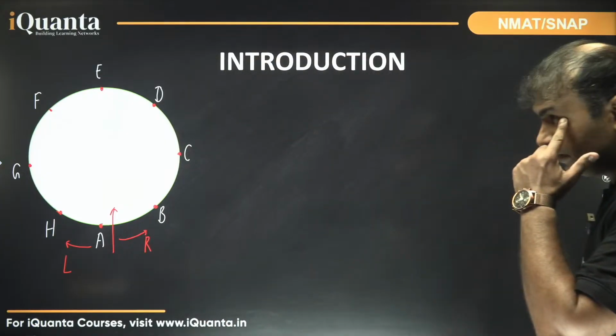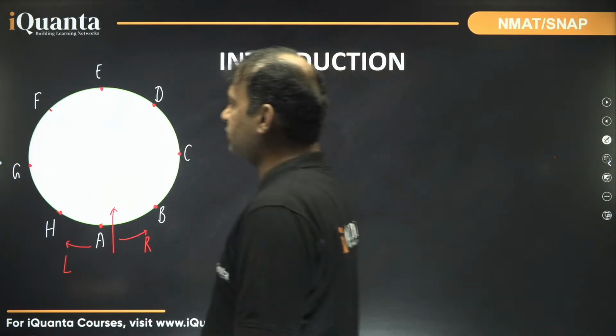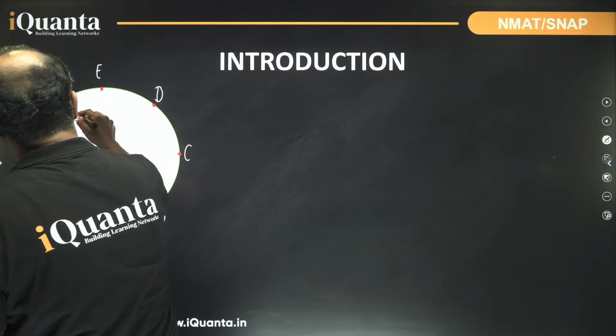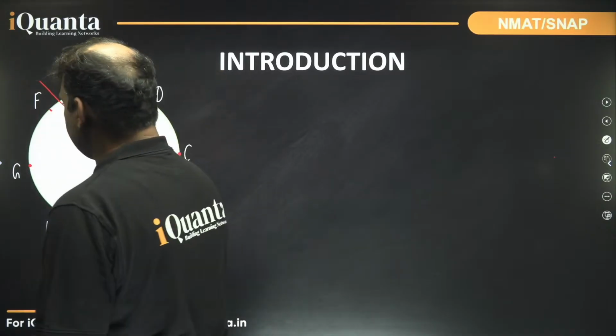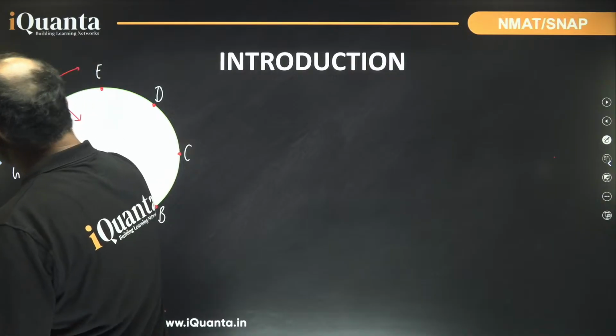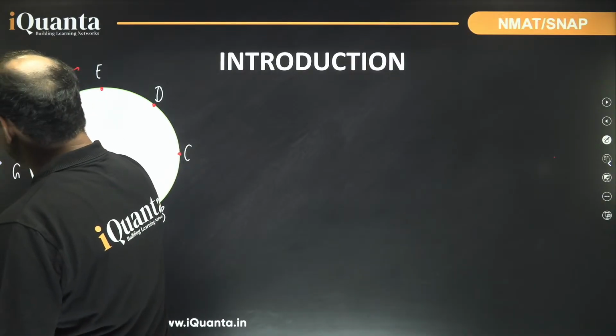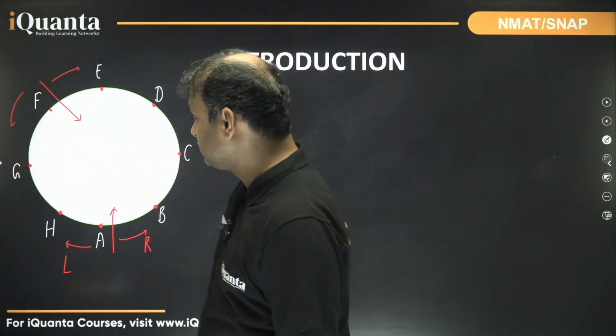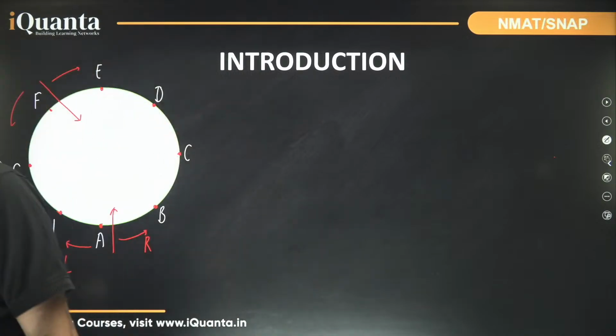All right. Similarly, everyone, if I mention the person F, so what would you say? Who is sitting to the right of F? Is it G or is it E? Everyone would like to say something about this. The right of F is G or E?